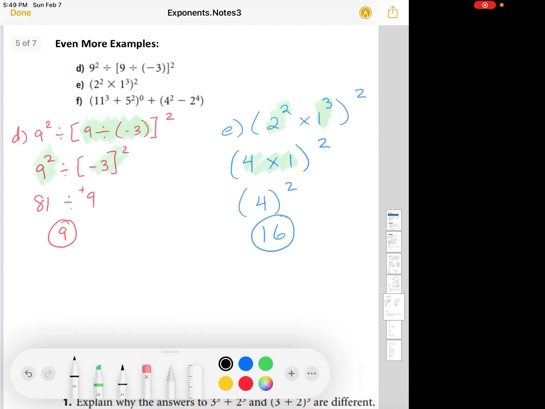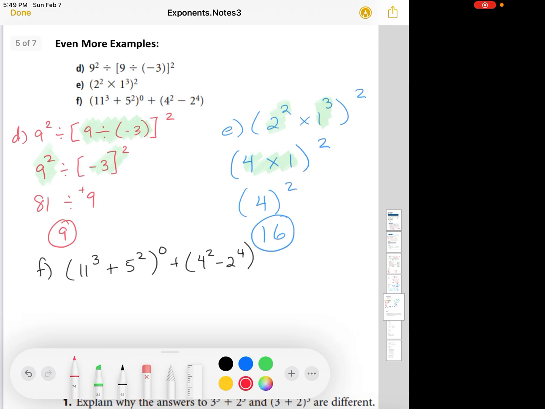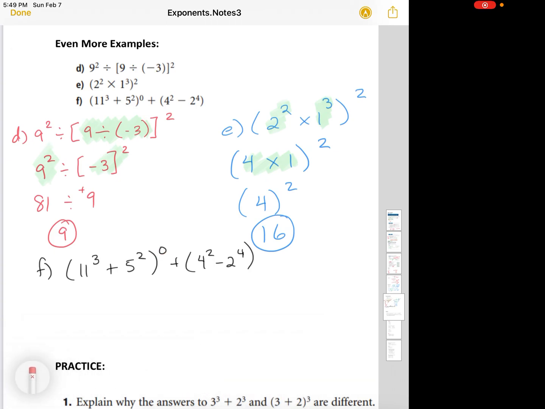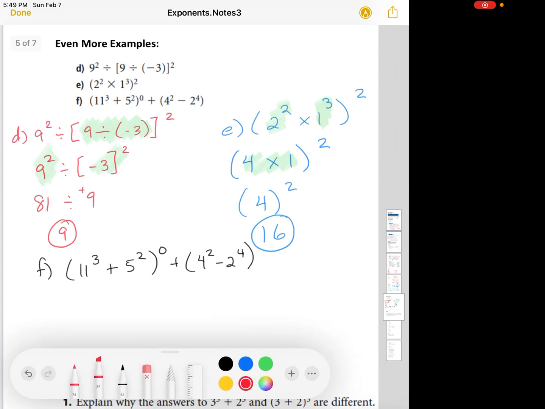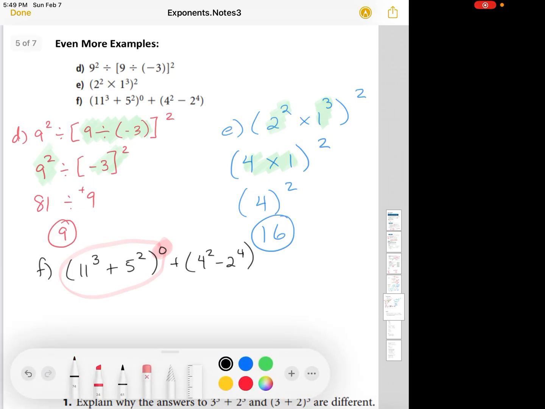One last example. We're going to do F here. 11 cubed plus 5 squared to the 0 plus 4 squared minus 2 to the 4. Now, I'm going to draw your attention to this. This means the whole thing here is to the 0.